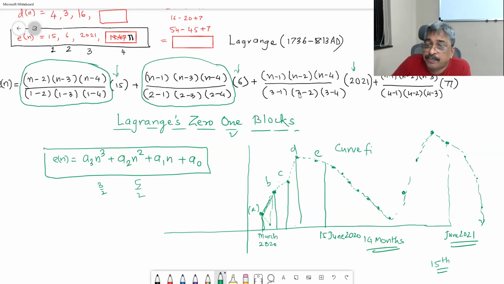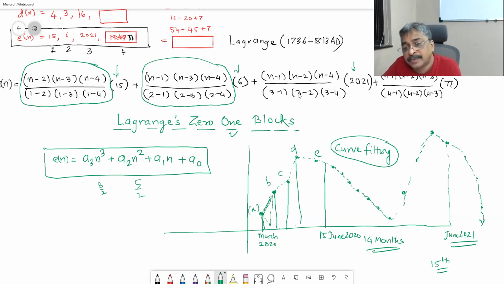Curve fitting. There are many methods to get the curve. In the two-dimensional geometry that we are going to study, we will study the basic curves. In 11th standard, you will see some advanced curves like parabola, ellipse, hyperbola.